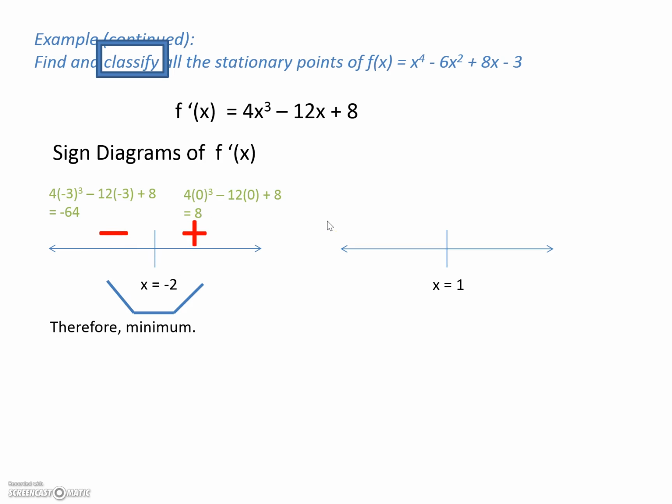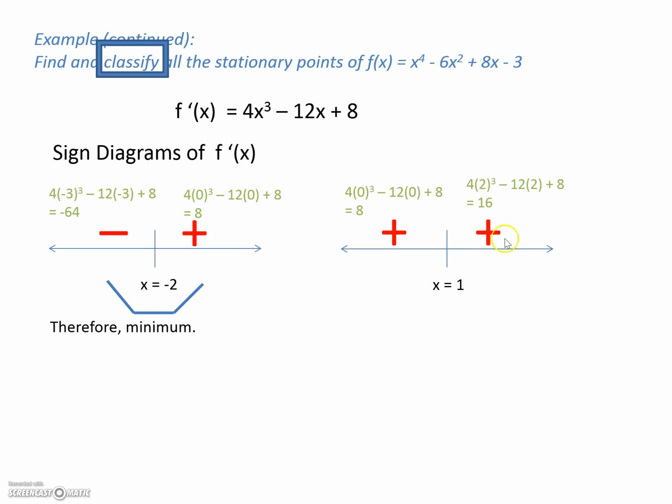Okay, if we look at the other side, if we look at less than 1, it's going to be the same as what we had over here, so that's going to be positive. If we look at a number greater than 1, well, 4 times 1 plus 8 is 12, and minus 12, so you can work out pretty quickly that numbers bigger than 1 are going to be bigger than 0.